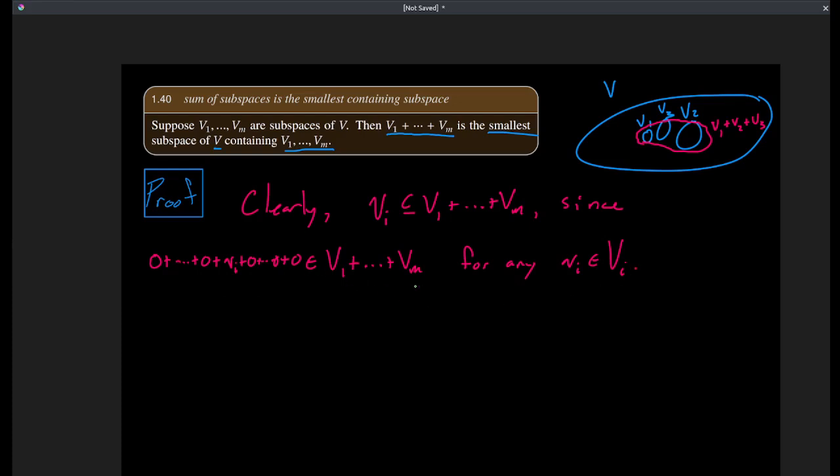You could sum up only zeros on everything except for the pieces that come from Vi, the ith element of the sum. Since you could do this for every item in Vi, you certainly get all of Vi being contained in that sum, since 0 is the additive identity. That is, this right here is equal to little vi. Okay, nice.